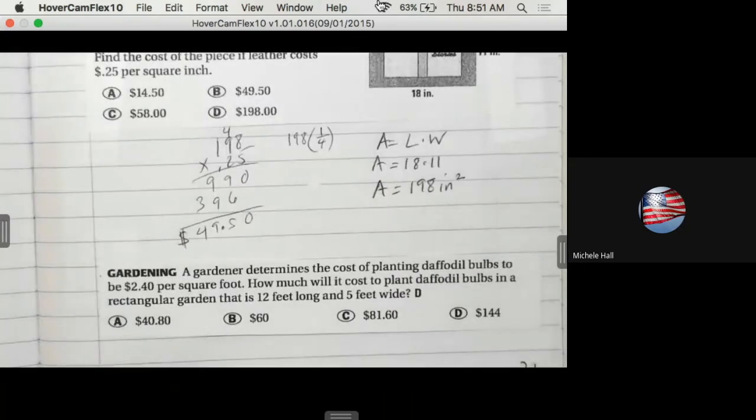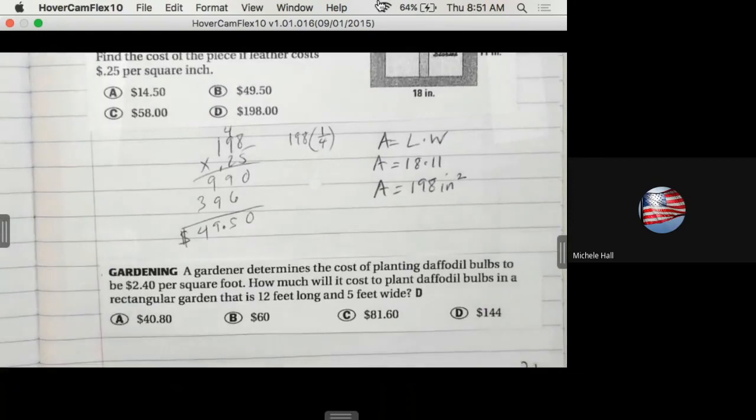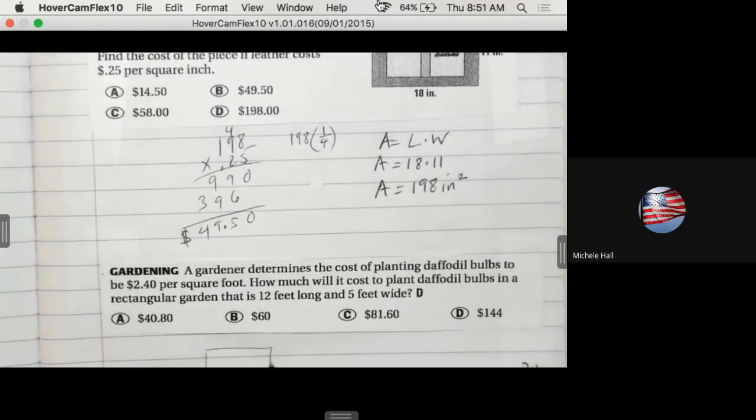A gardener determines the cost of planting daffodil bulbs to be $2.40 per square foot. How much will it cost to plant daffodil bulbs in a rectangular garden that is 12 feet long by 5 feet wide? So I have a rectangular garden that is 12 by 5.